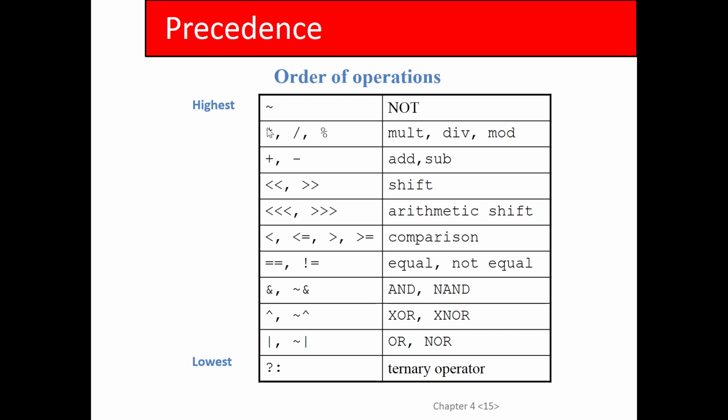Arithmetic shift is using three of the less than, less than, less than, or greater than, greater than, greater than. I used to think, wait a second, hold on. Arithmetic shift means, you guys remember from 212, hopefully they covered in 212. An arithmetic shift is when you shift to the right, and instead of shifting zeros in, you shift in the sign bit, right? So you don't change the sign. So if I have like -5 and I do a right arithmetic shift by 1 bit, I want to divide it by 2, but maintain the sign.